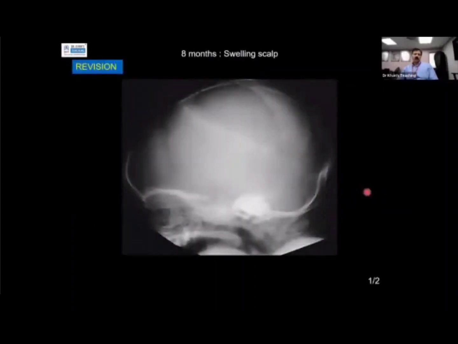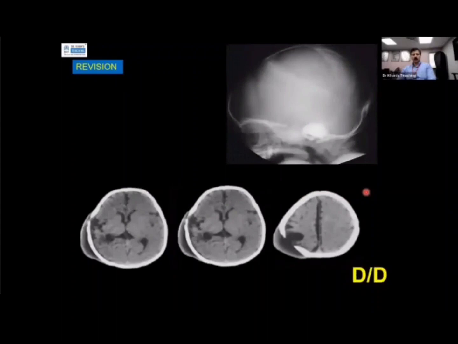Now, just a recap, because we have covered this in the past. This is what we call a growing fracture or a leptomeningeal cyst, whatever you want to call it. The concept is that when there is a fracture, there is a rent in the arachnoid, which then allows pulsation of the CSF, and the dura extends outside and keeps growing.